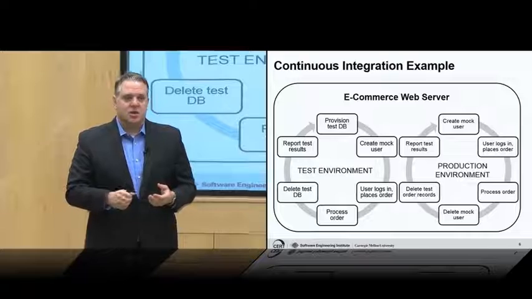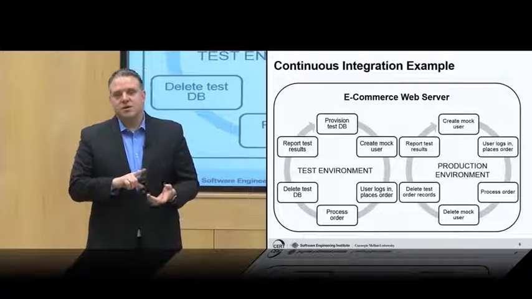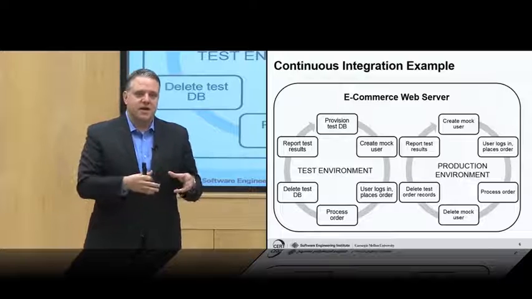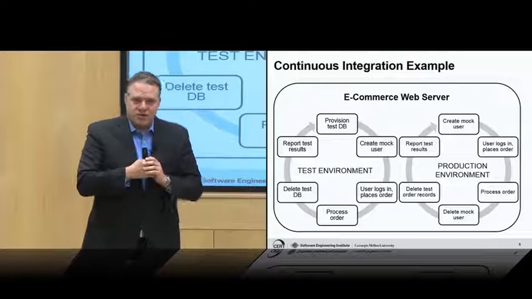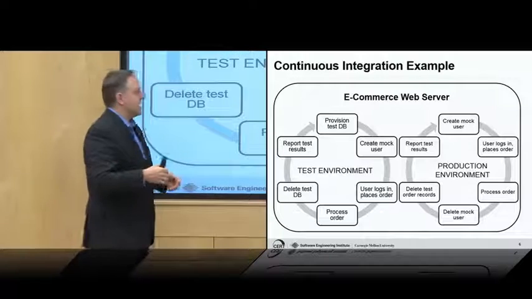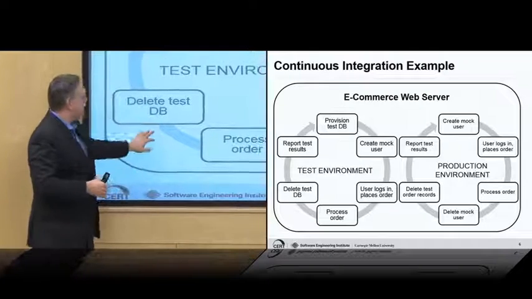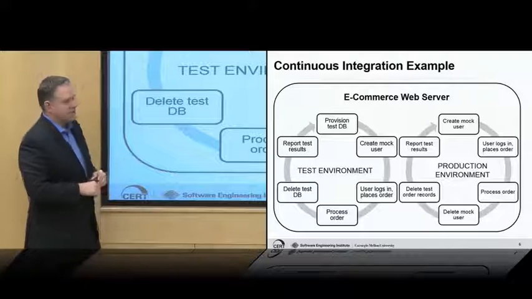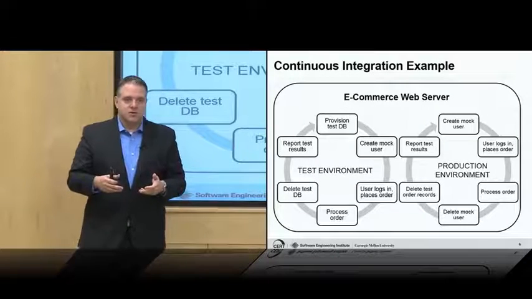Then that script is going to log in the user, place an order, and then monitor the processing of that order and make sure that that whole process works well. It'll capture all the results of that, and then it'll clean up after itself by deleting the test database, deleting the mock user that it created, and report out the results.